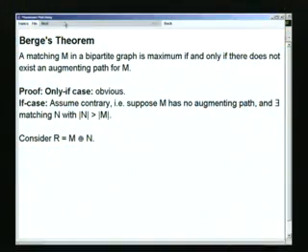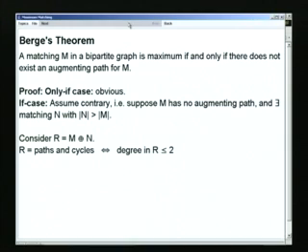We will say let R be the symmetric difference of M and N, and then let's investigate what the properties of this symmetric difference are. My first claim is that this R must be composed of paths and cycles.